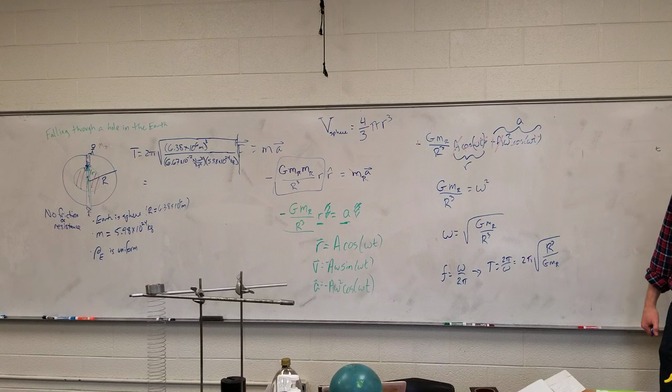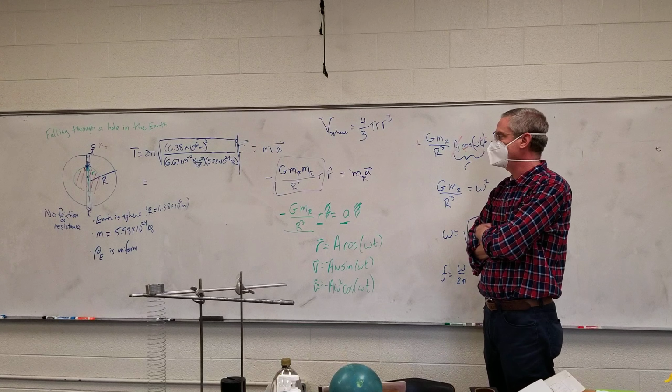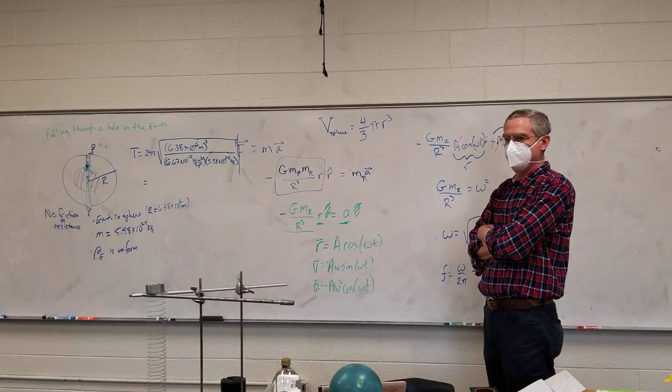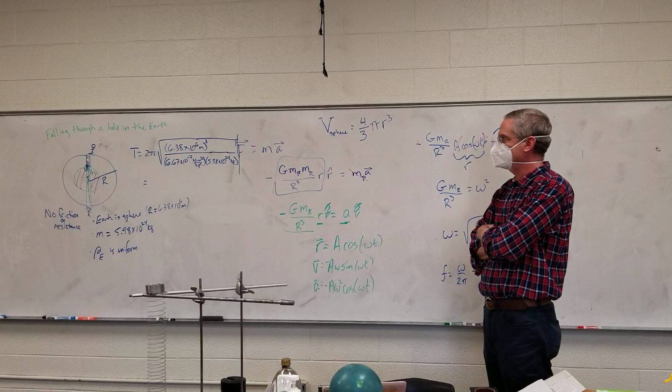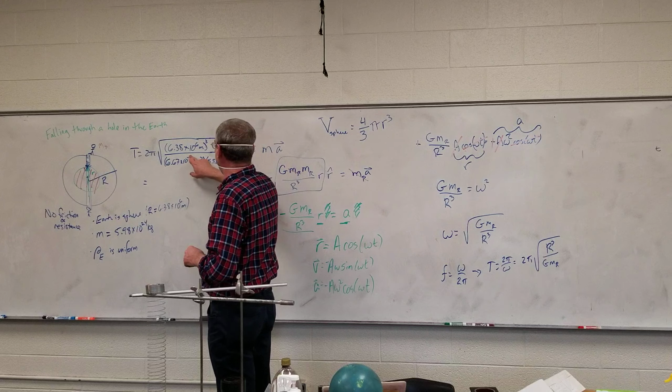Two pi, the square root. Oh, that's a mistake here. That should be negative 11, not negative 7.